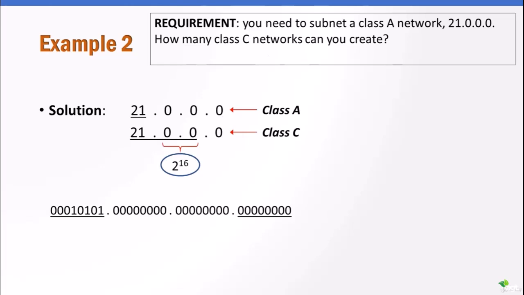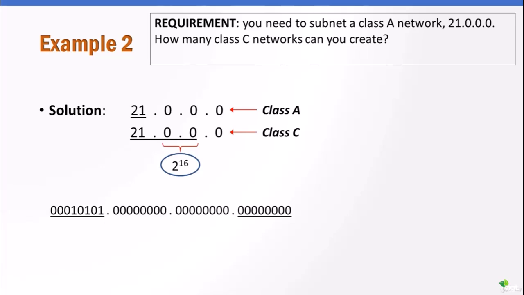So of course, we're going to be changing the host portion to assign specific IP addresses to specific endpoints or hosts. But for subnetting purposes, we're not going to change that last octet.